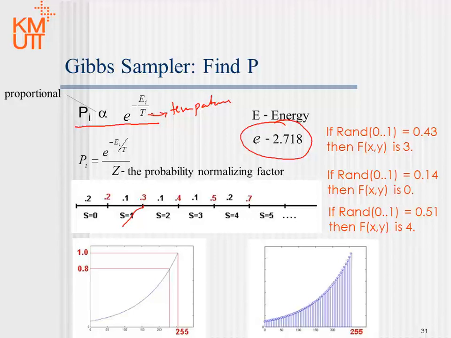But at this point we know that this equation means that the higher the E, the lower the probability. This is just a fancy way of doing it, like an exponential function.